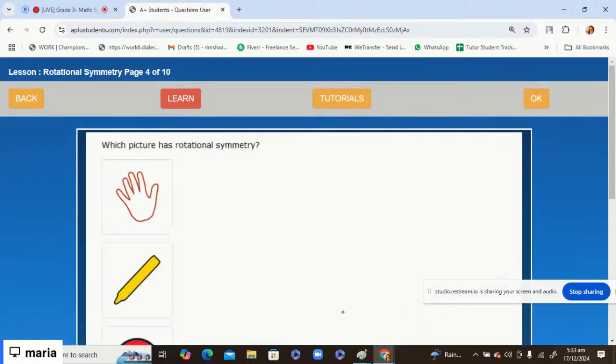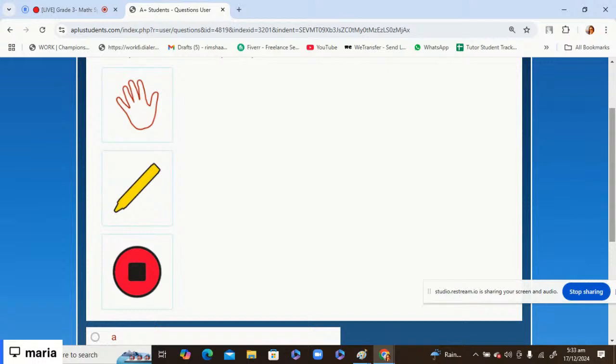Which picture has a rotational symmetry? Now see the figures. There are three figures available: the hand, the pen, and then the circle. And inside of the circle, there is a square.